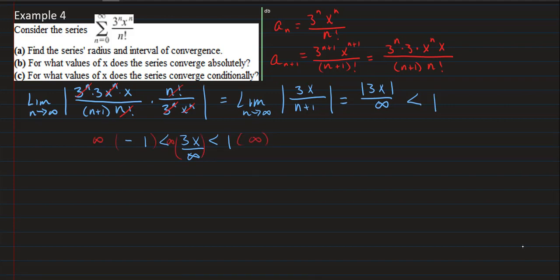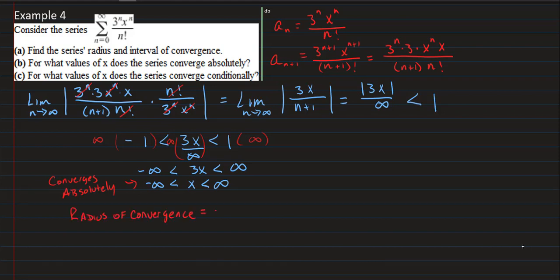And -1 times infinity is negative infinity, and 1 times infinity is infinity. And then if we divide by 3, negative infinity divided by 3 is still negative infinity, and infinity divided by 3 is still infinity. So this is where our series converges absolutely. That means that our radius of convergence is equal to infinity.